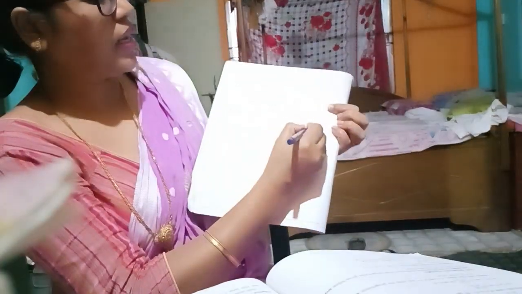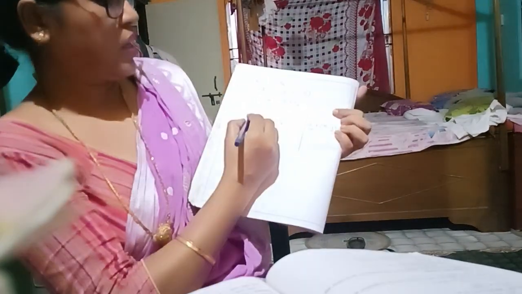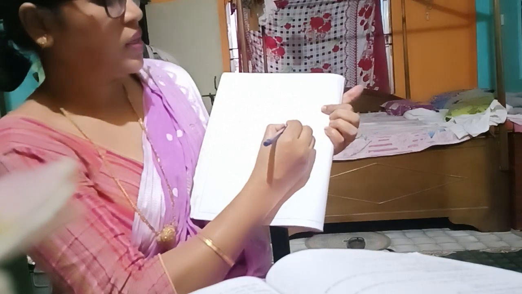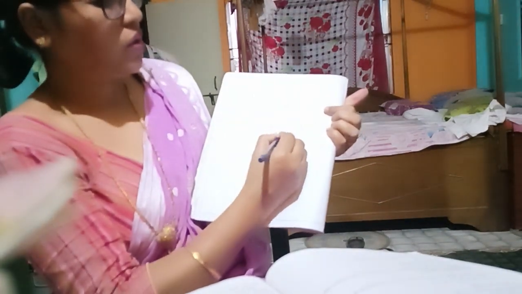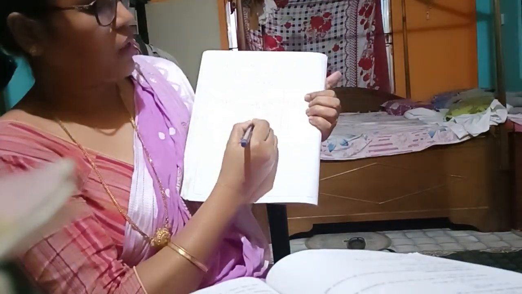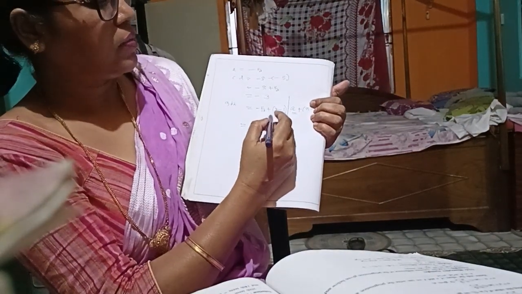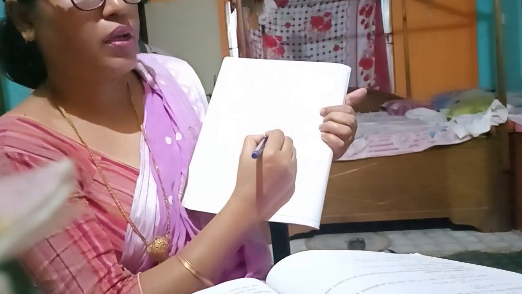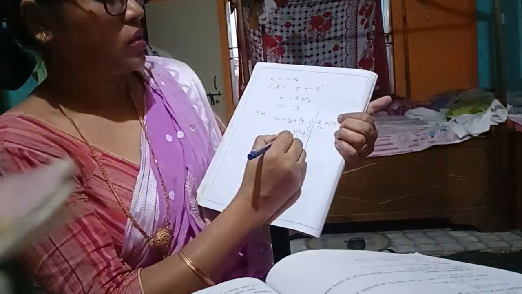Here A is equal to minus 5 and n is equal to 9. 9 minus 1, and the common difference is minus 3. So minus 5, 9 minus 1 is equal to 8, 8 times 3 are 24, minus 24.